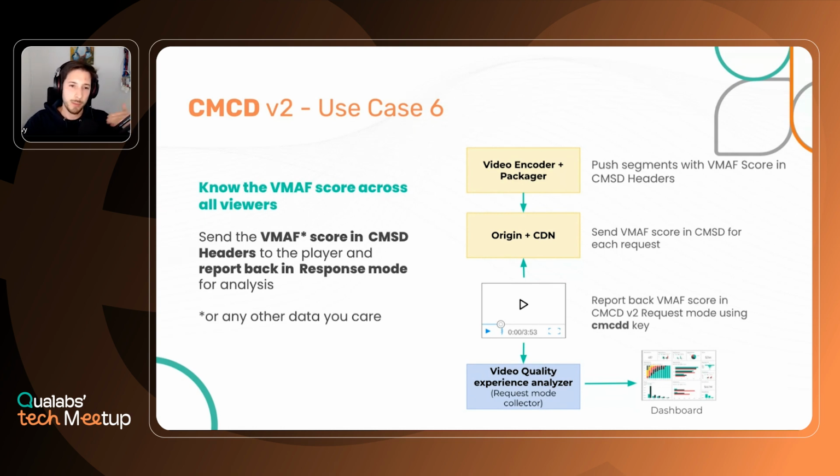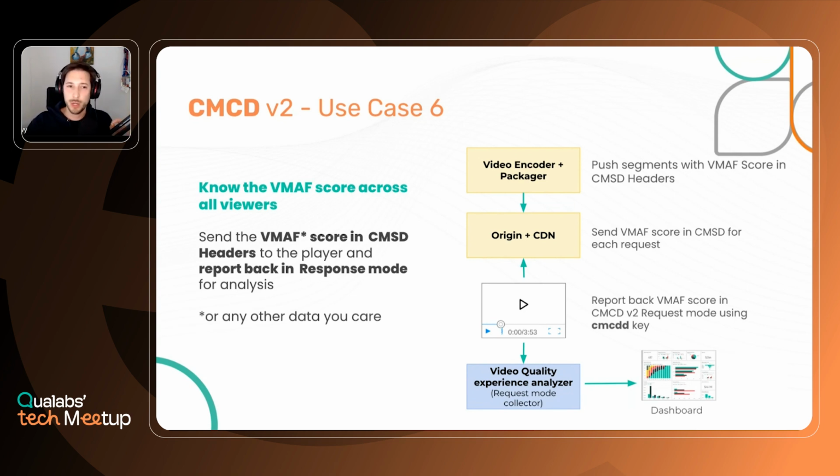And when the player requests a segment, the CDN can pass the CMSD information through to the player, and the player can now report it using request mode, to aggregate all the information about BMAF that you just put on CMSD through the new CMSD dynamic key.